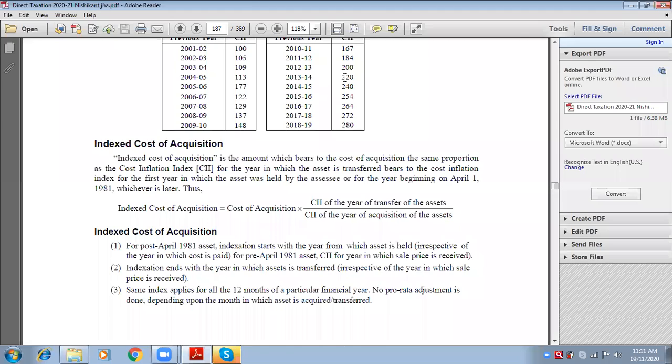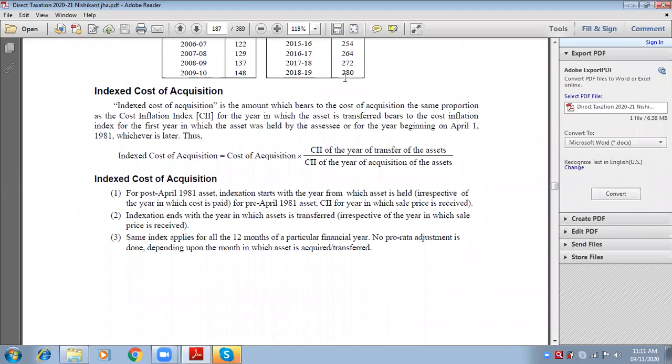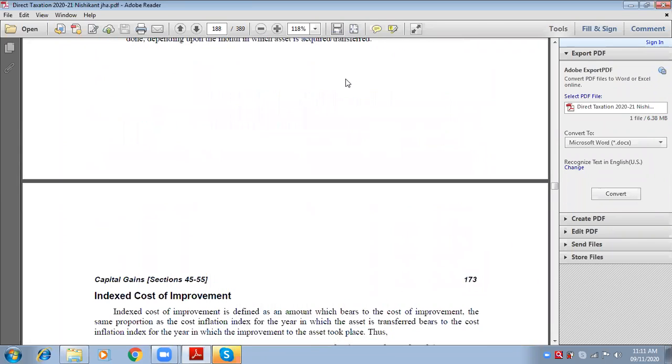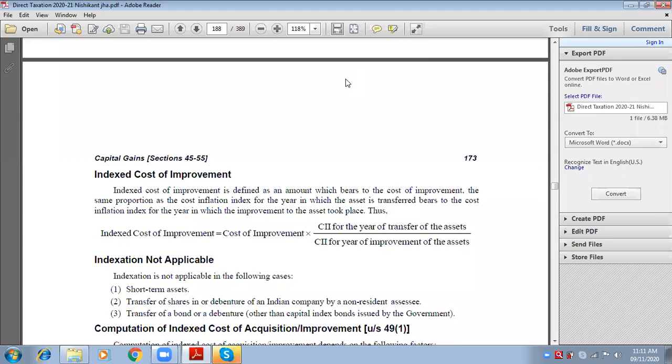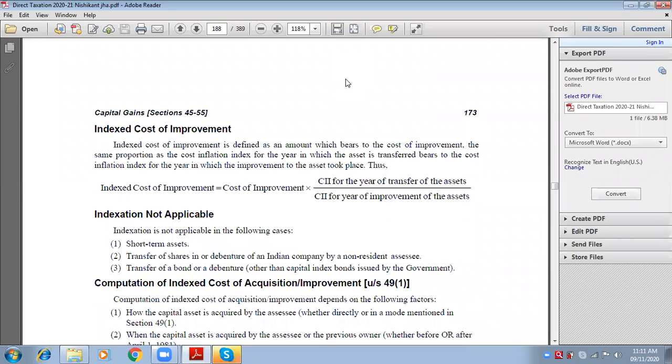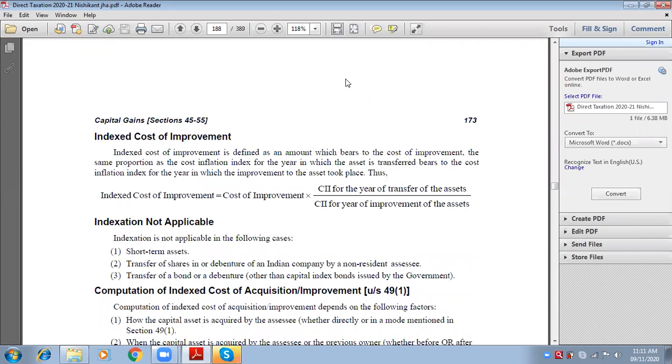Same way you have to apply it for cost of improvement, the indexed cost of improvement. Same formula, only instead of acquisition you will write improvement. So what is the formula of indexed cost of improvement? Cost of improvement into CII of the year of transfer.